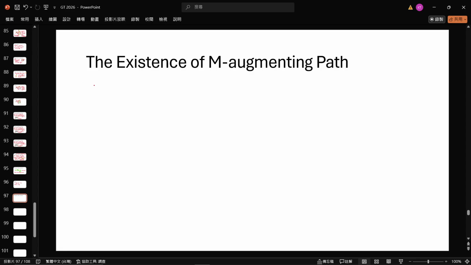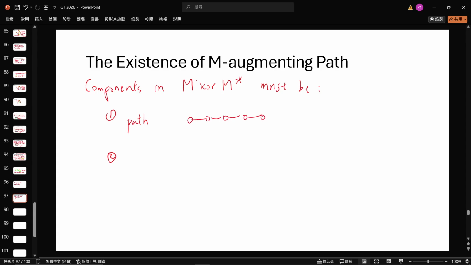So it can be a path or what? So a path is like this. So this is a path. Exactly, cycle.